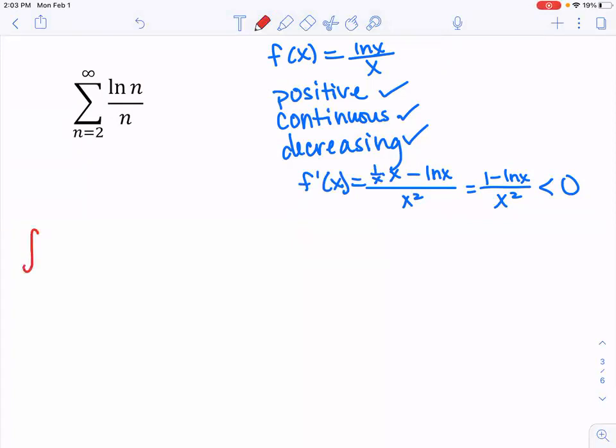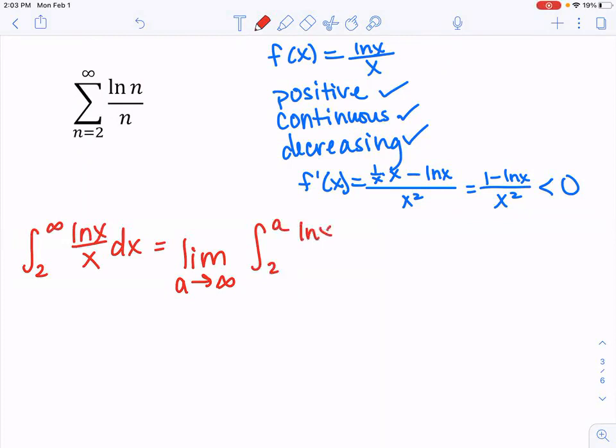So now we have the integral from 2 to infinity of natural log of x over x, which we are going to write as the limit of our integral since we have an improper integral. Already we've done more work than we had to with most of the other series tests that we've had.